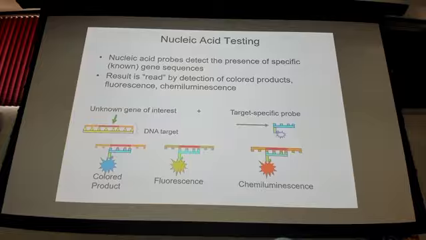You have in your assay, so now we're talking about a test tube with those extracted nucleic acids. You have a target, you have a probe that is specific for that target, and that probe is nucleic acids itself. They're called oligos or oligonucleotides. And that probe is conjugated to some sort of signal again that gives the user an indication of whether or not that pathogen is present in the sample.